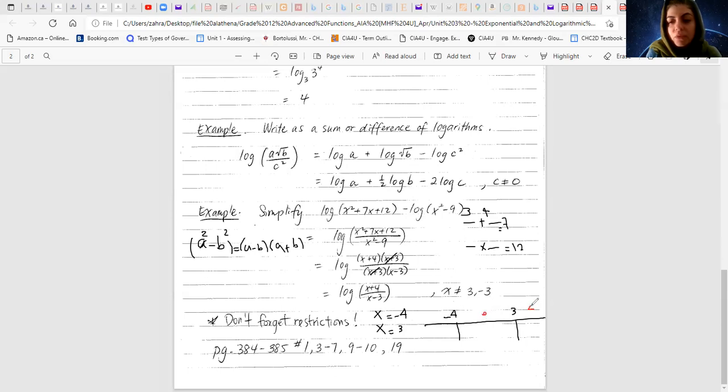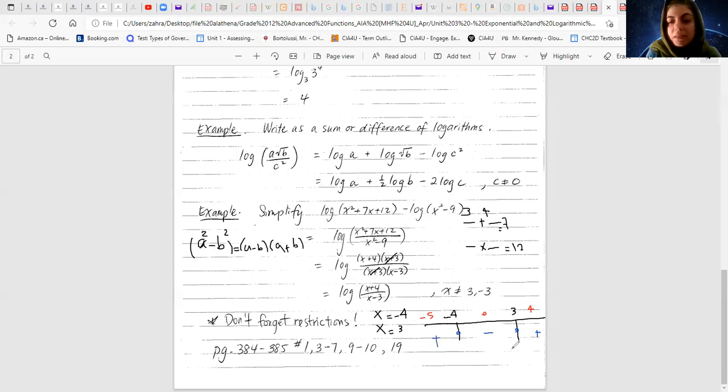After 3, you test 4. And before -4, you can test -5. At -4, your function is 0. At 3 it is undefined. When you put 0 here, you get a negative number. If you put 4, 4 plus 4, 4 minus 3, you get positive here. You put -5, you get negative in numerator, you get negative in denominator, negative over negative is positive.